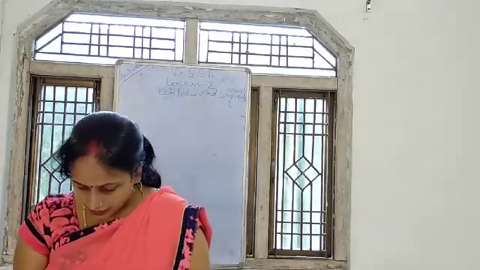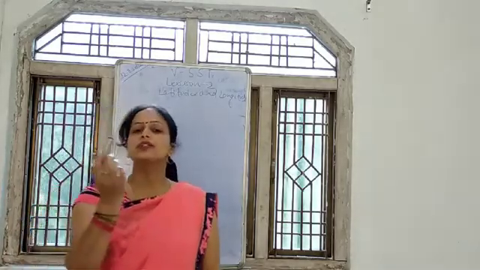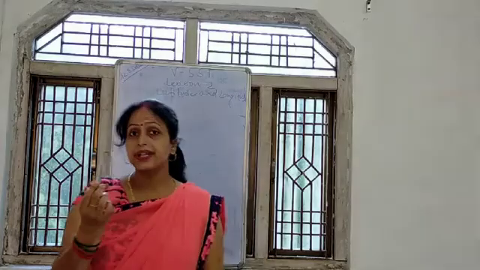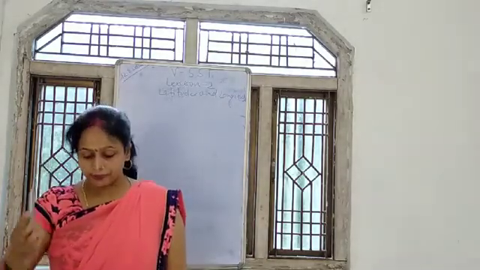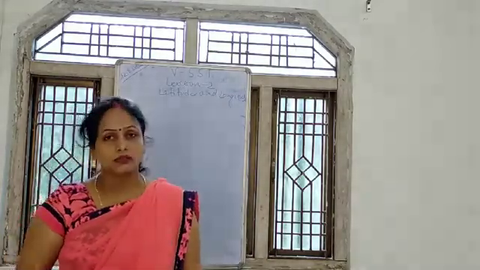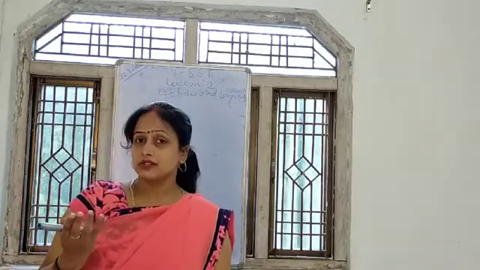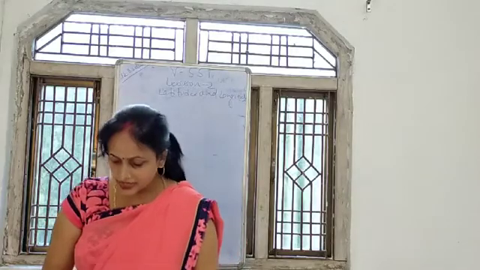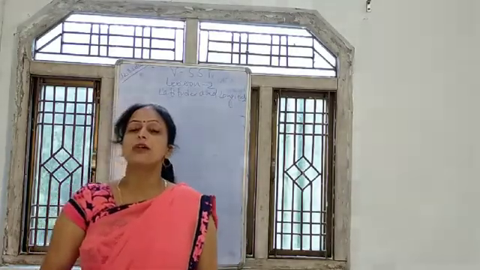Now, you know the equator is in the middle of the Earth, isn't it? So, what is the equator? An imaginary line which goes round the Earth and is equidistant from the poles is called the equator.